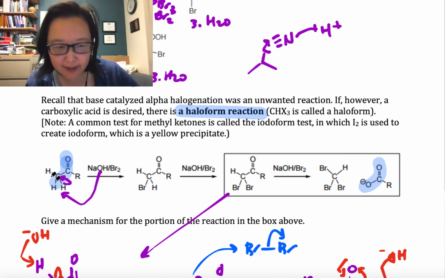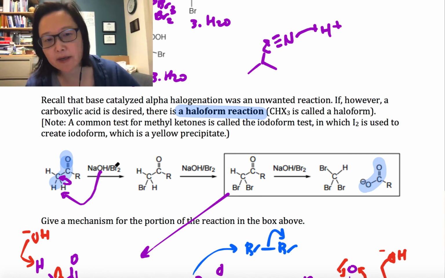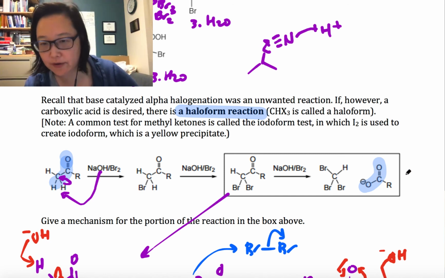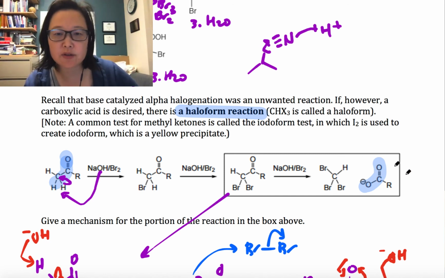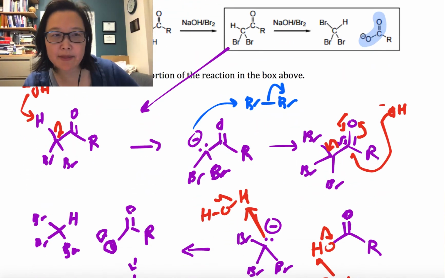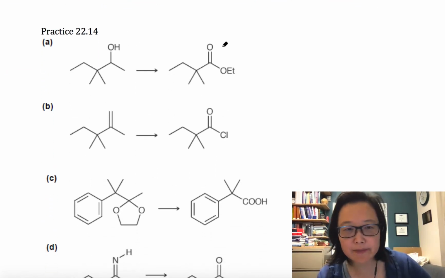It's a methyl ketone of some kind with NaOH/Br2, and that will make these products at the end. This can be further neutralized to make a neutral carboxylic acid. So keeping that in mind, methyl ketone to a carboxylic acid, let's see how we can use that reaction for these problems.